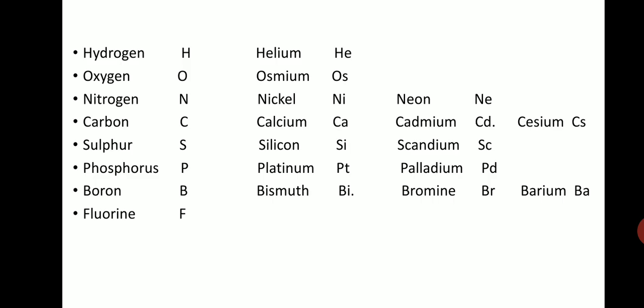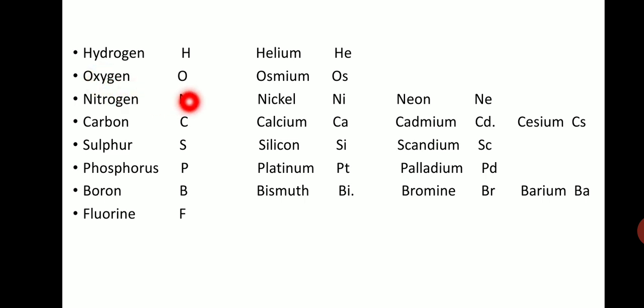So how is it written? Hydrogen, the capital H. Since hydrogen has the letter H, we cannot write H for helium. So we use the second letter, that is He. Is it clear now? Hydrogen is written H, so for helium we cannot write H; the following letter is added.